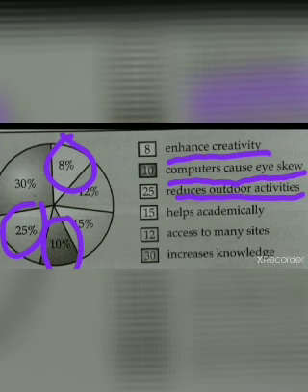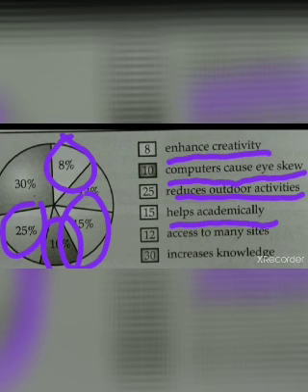Then what about the next one? This is 15%. What information is given there? 15% helps academically. When 15% of children use computers or information technology, it helps to increase their academic knowledge.